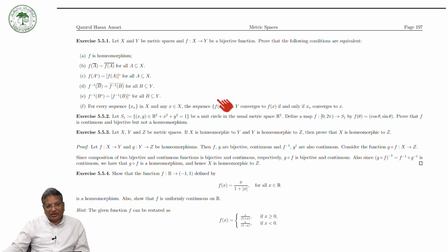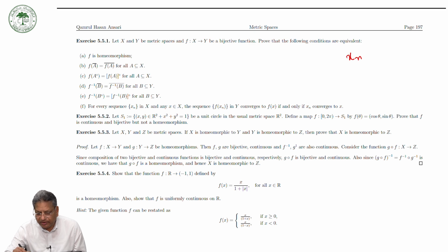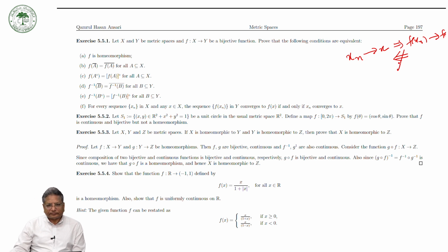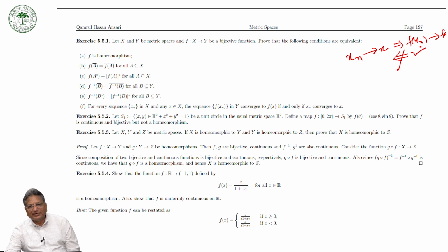Now, as I mentioned earlier, the characterization for a continuous function is that xn converges to x implies f of xn converges to f of x, but the reverse implication does not hold. But if the function is a homeomorphism, then we can say that this implication also holds good, because of the inverse image.